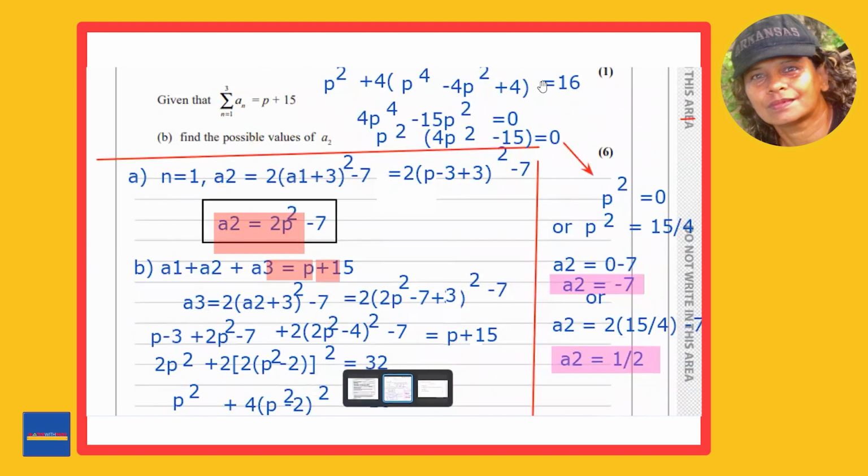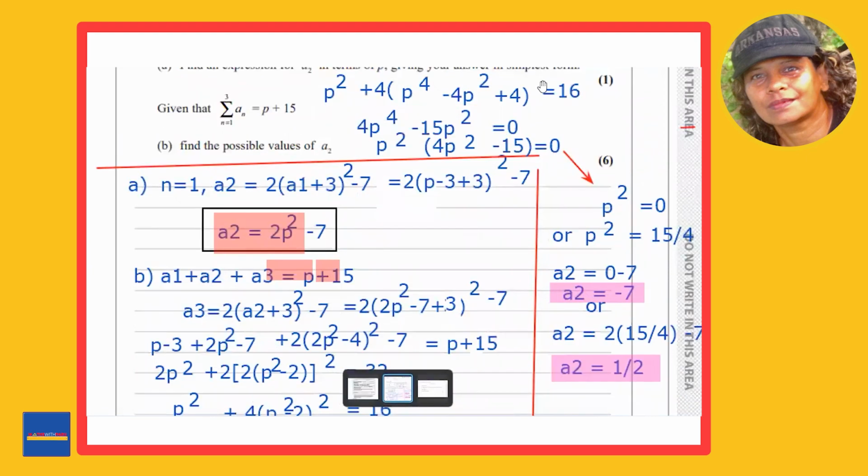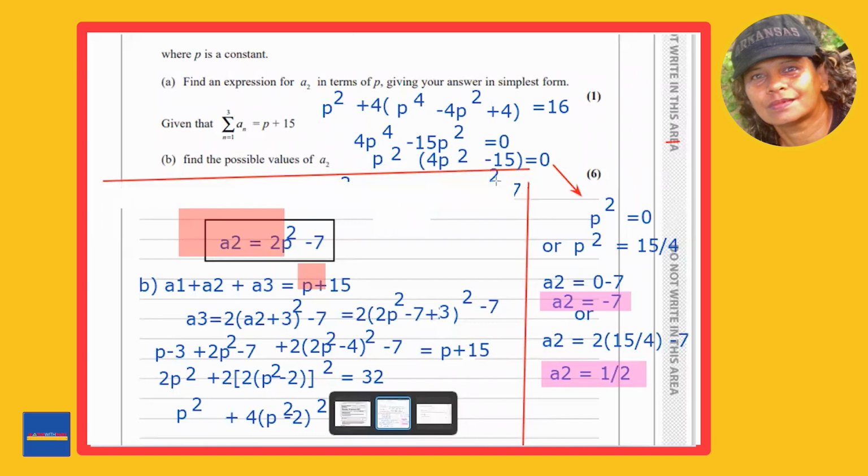Here we are. Let me just white out the first part so that we don't have any overlap. Right, so here we have the sum from n equals 1 to 3, which is another way of writing A1 plus A2 plus A3.